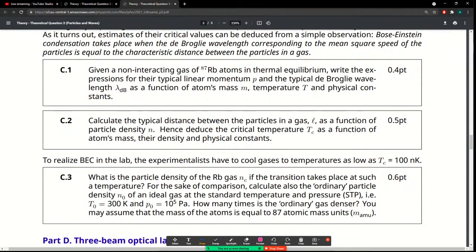Okay. Calculate the typical distance between the particles in a gas L as a function of particle density N. Hence, deduce the critical temperature Tc as a function of atoms' mass, their density, and the physical constants. I guess typical distance is just the de Broglie wavelength.